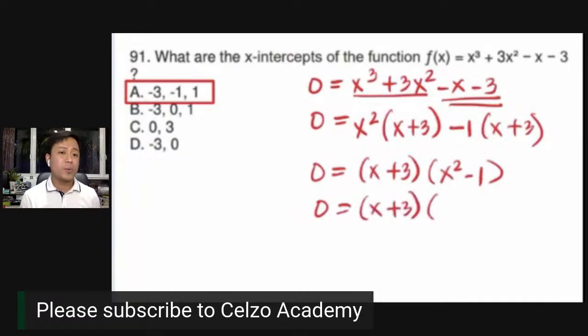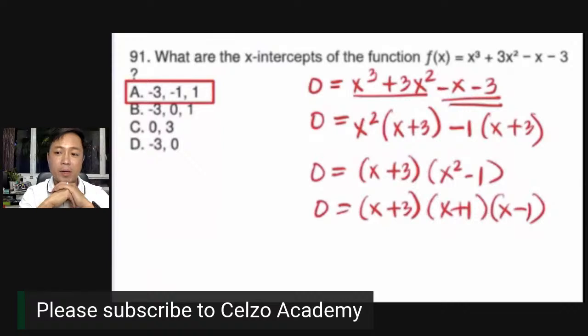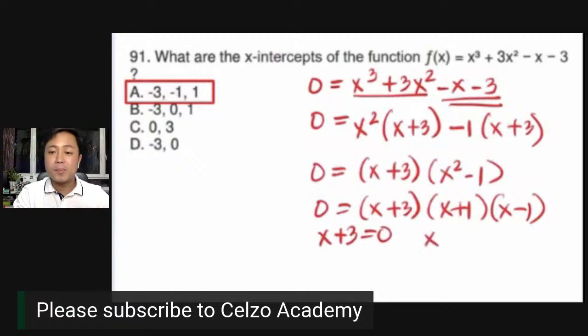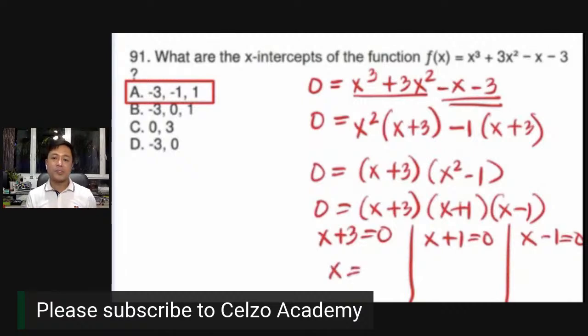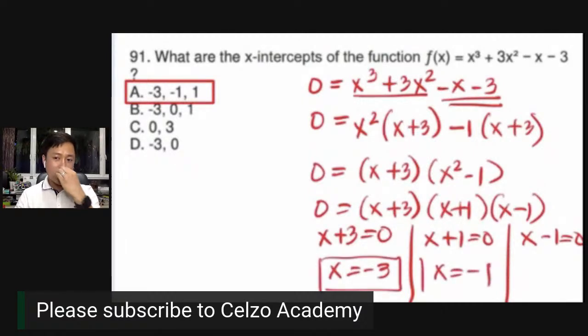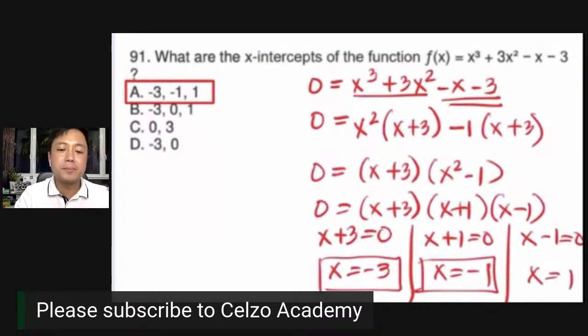And x squared minus 1 can be factored out as x plus 1, x minus 1. And from here, we can use the zero product property, which means x plus 3 equals 0, x plus 1 equals 0, x minus 1 equals 0. So therefore, the x-intercepts are -3, -1, and +1. Those are the x-intercepts.